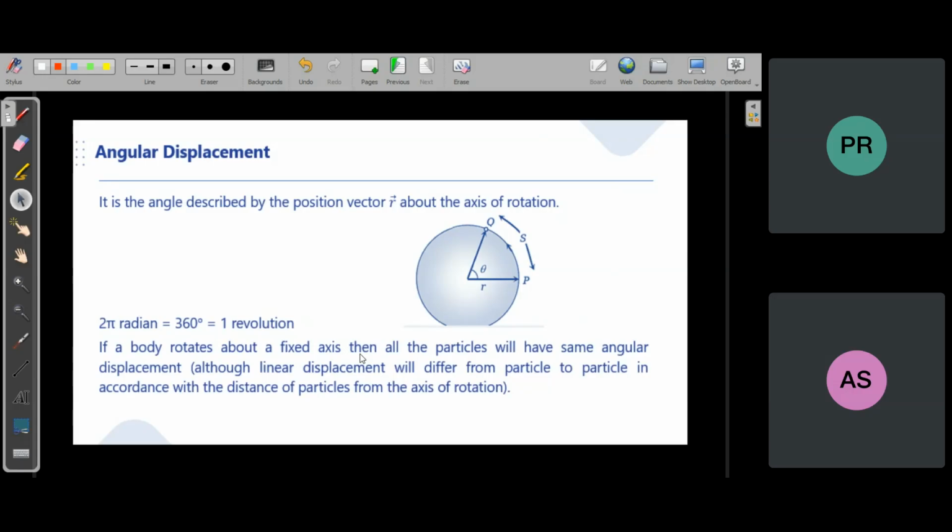Similarly, to describe angular motion, we introduce some angular variables. For example, angular displacement.